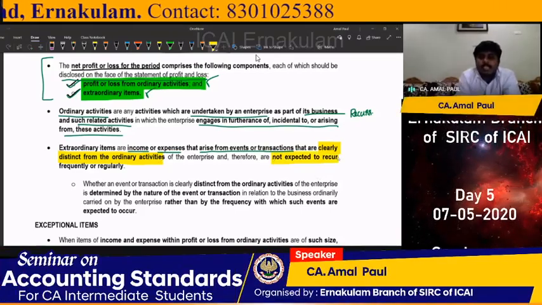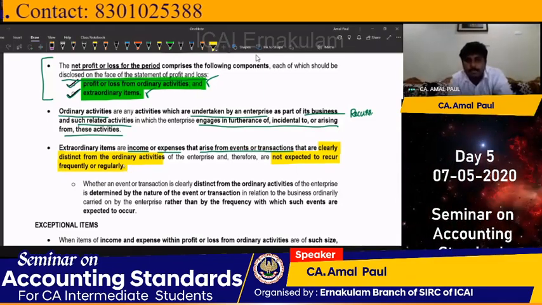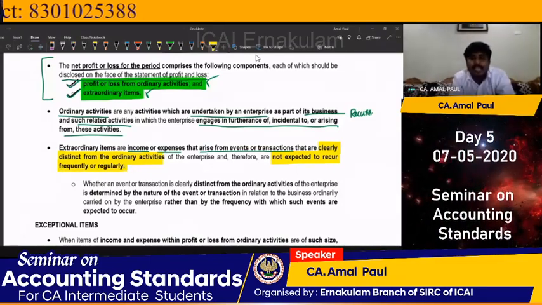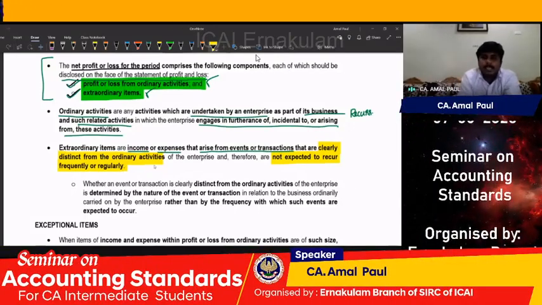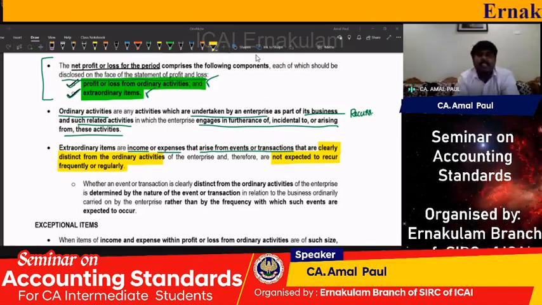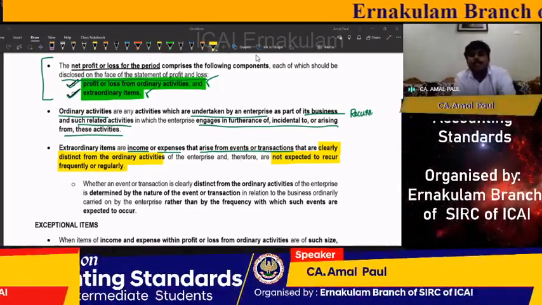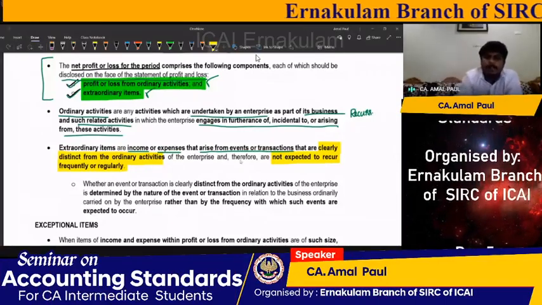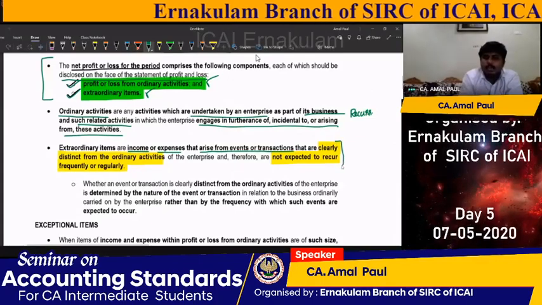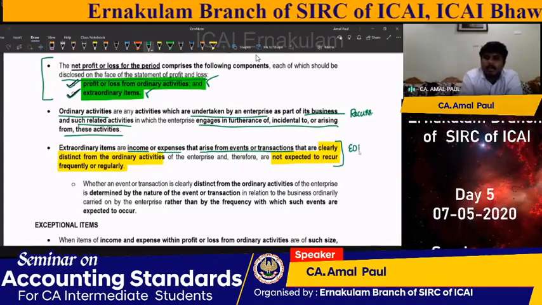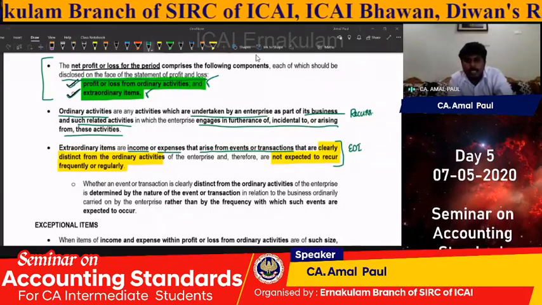These are not expected to recur frequently or regularly. This is the first aspect: it is clearly distinct from operating activities. Second, not expected to recur frequently or regularly. If these two criteria are satisfied, those items will be extraordinary items.